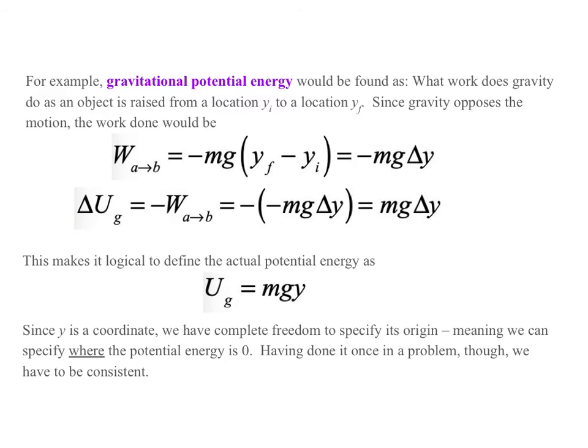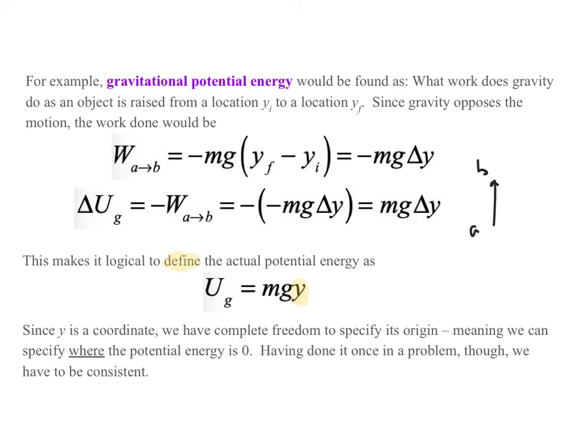Therefore, the change in potential energy in going up a distance from point A to point B is minus that work, which is mg delta y. That kind of makes it logical to define the actual potential energy as mgy, your weight times your vertical coordinate.